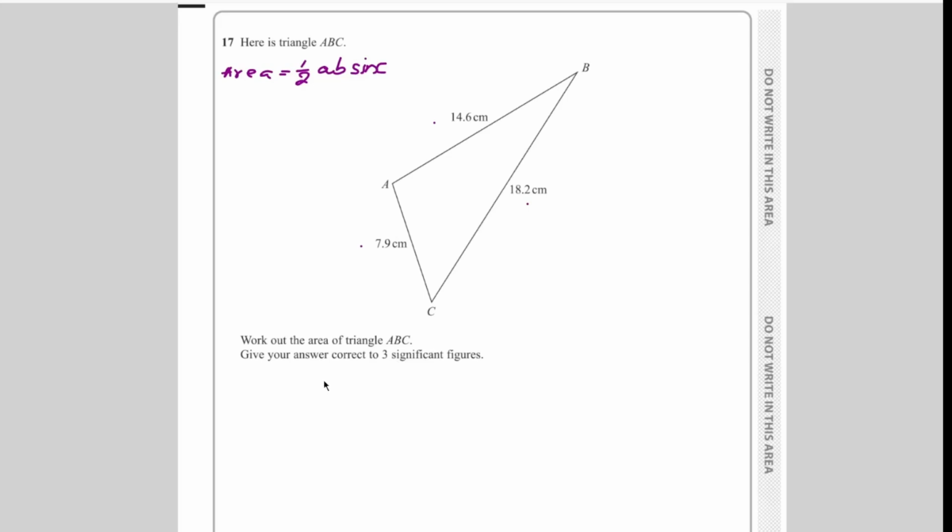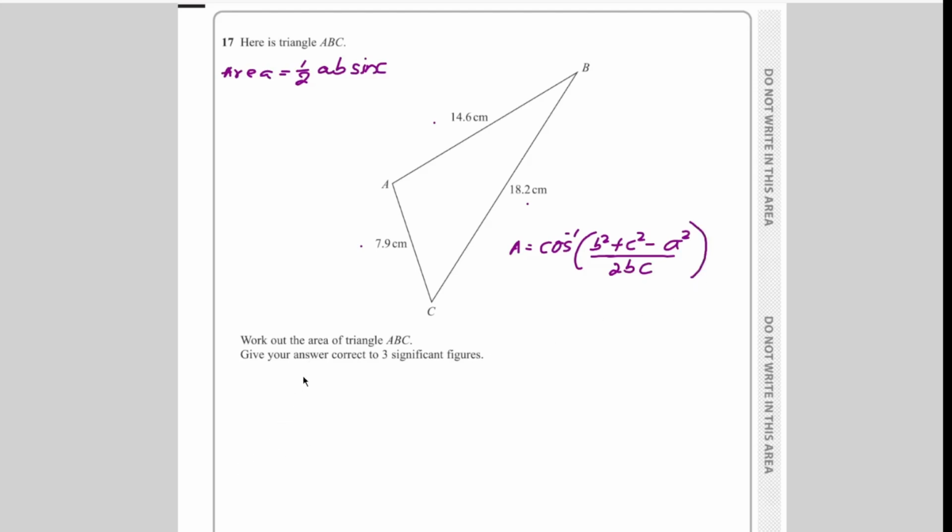Then I'm going to get the angle using the cos rule. So what's the cos rule? This is the cos rule. If you can't remember what the cos rule is, A equals cos inverse of B squared plus C squared minus A squared over 2 times BC.